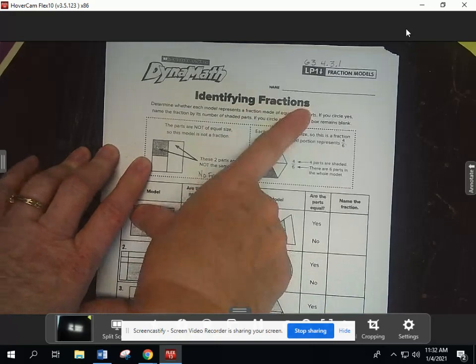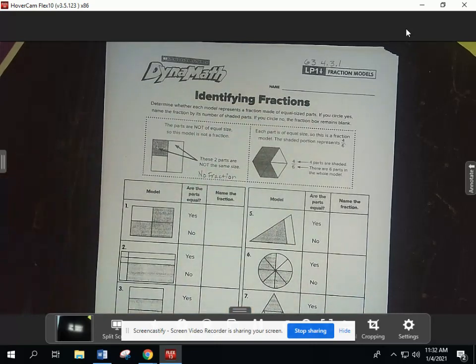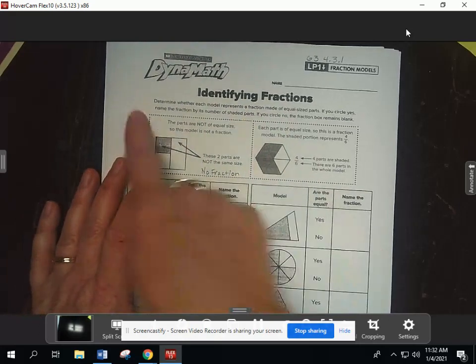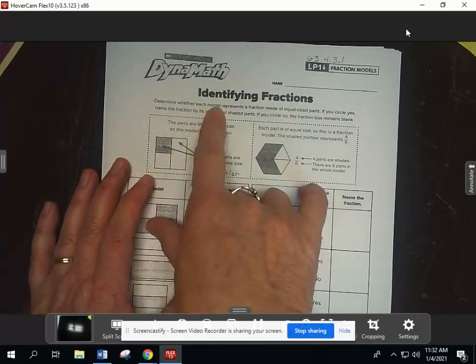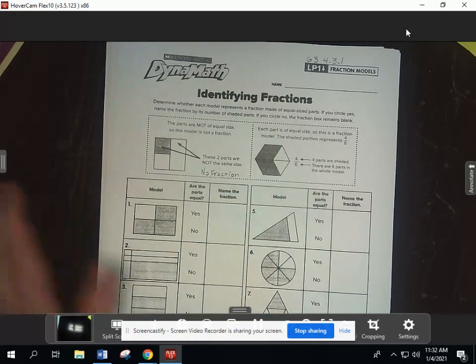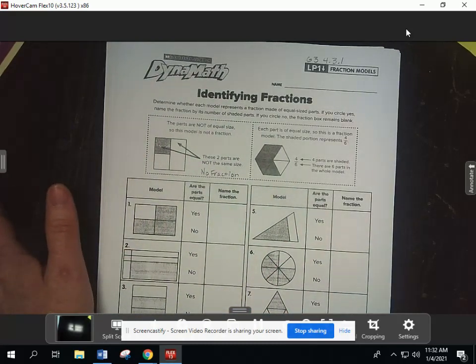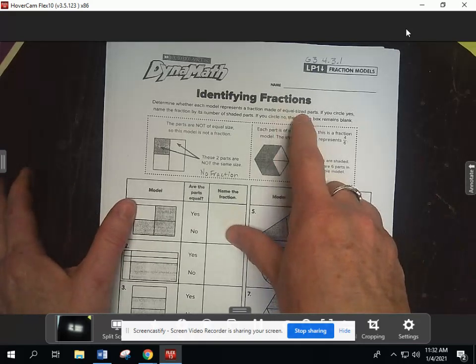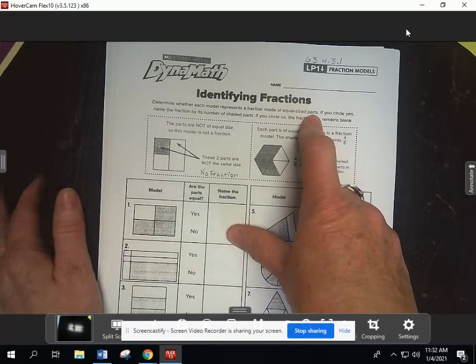Okay, so here it says identifying fractions. This shouldn't take you more than 3 or 4 minutes. It says determine whether the model, they're talking about these things, the model represents a fraction made of equal sized parts.